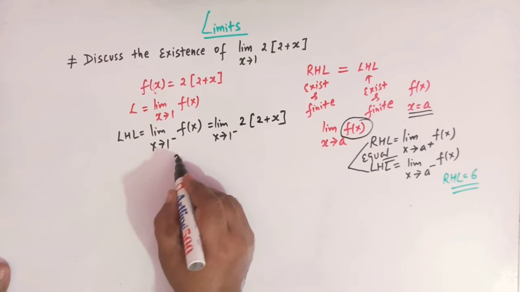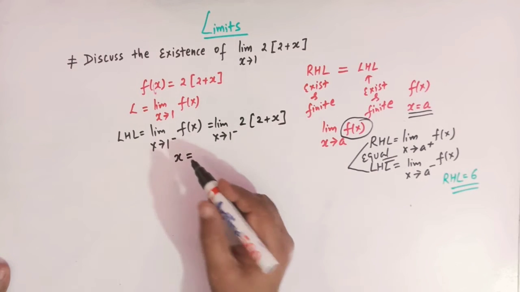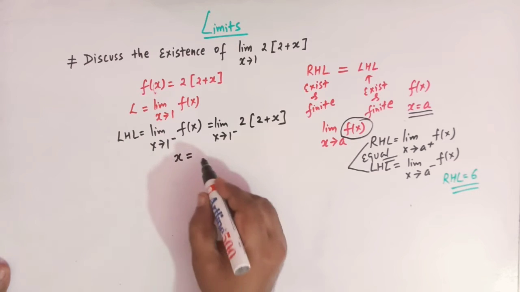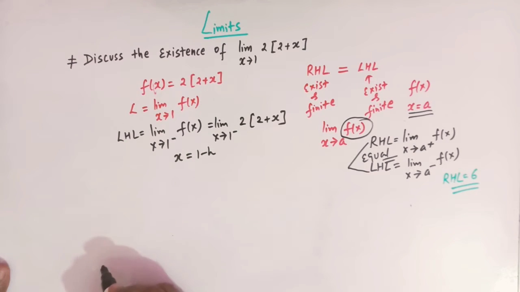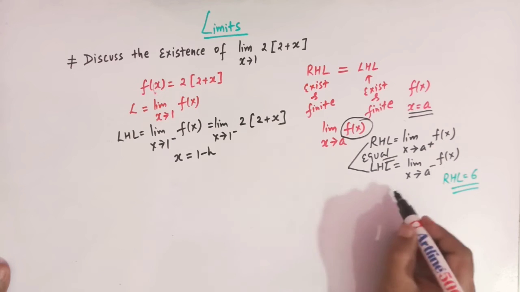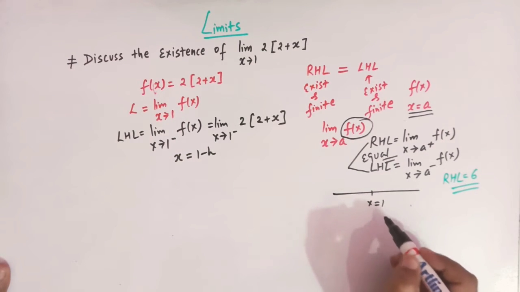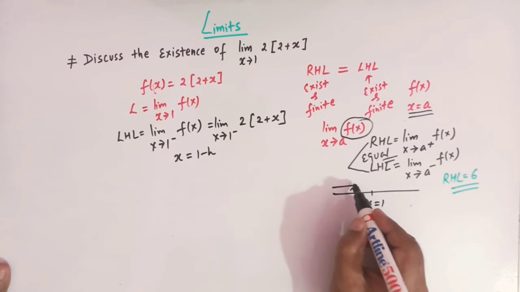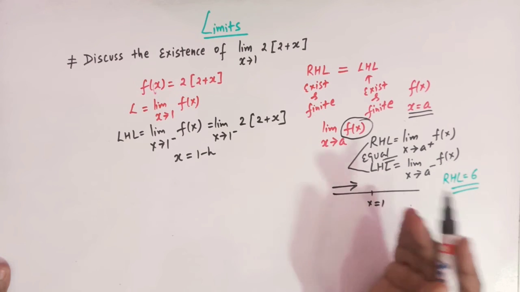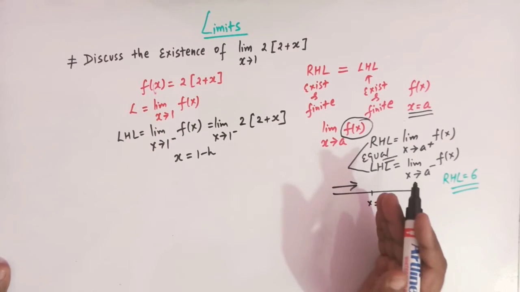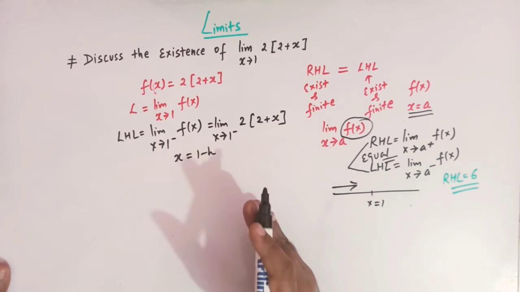So now again we'll make the substitution, and in this case while calculating the left hand limit we can take x is equal to 1 minus h, right? See, here we have the point x is equal to 1, right? So when we are approaching towards x is equal to 1 from the left hand side, all the values are less than 1, right?